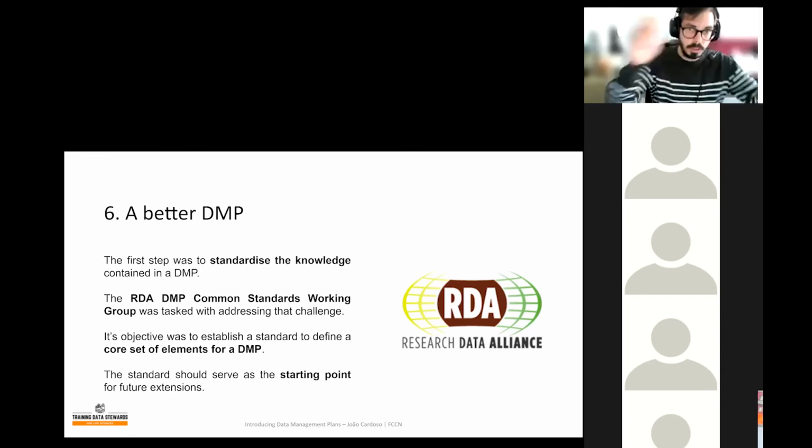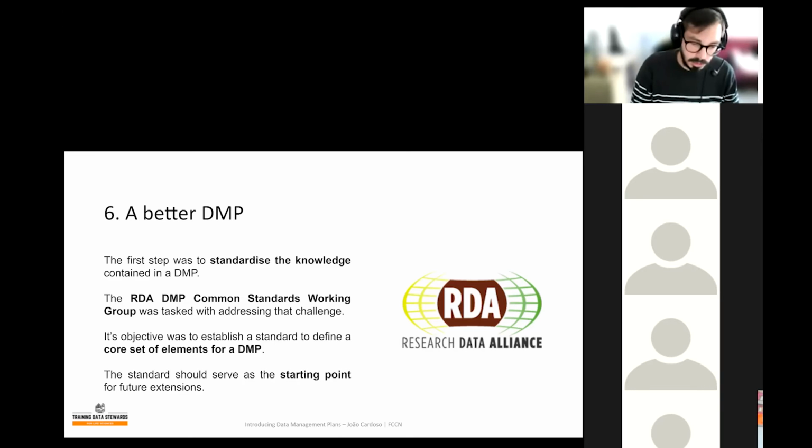So the minimal set of concepts that could define a DMP and that could be used to represent DMPs and have different organizations share DMPs amongst themselves and use them as an interchange format, a common language in a sense. And so this was obviously the starting point for further extension.